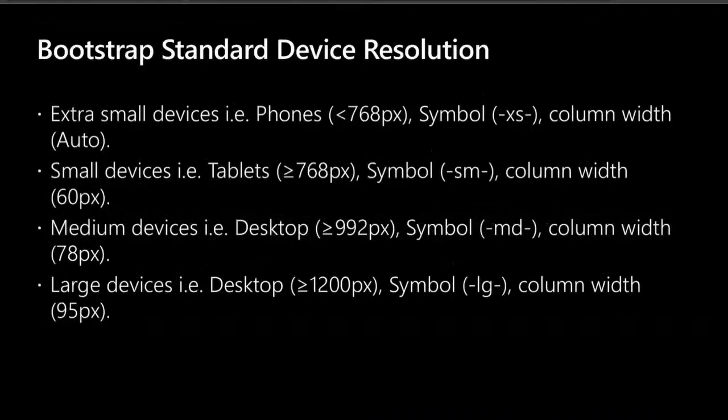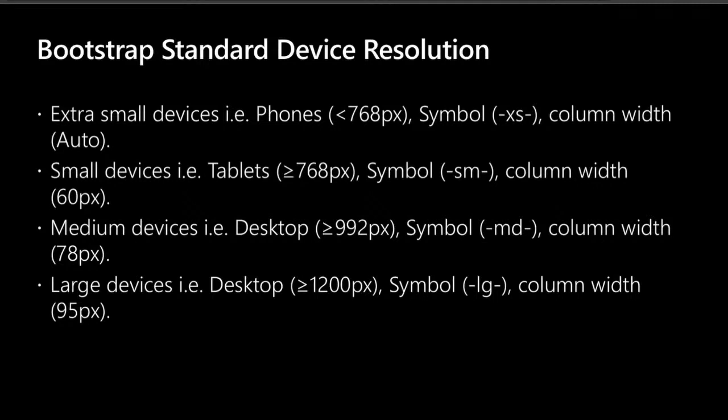Now coming to Bootstrap standard device resolutions. Bootstrap has 4 standard device resolutions. Extra small devices, that is phones, small devices, that is tablets, medium devices that are desktops, and large devices, still desktops.